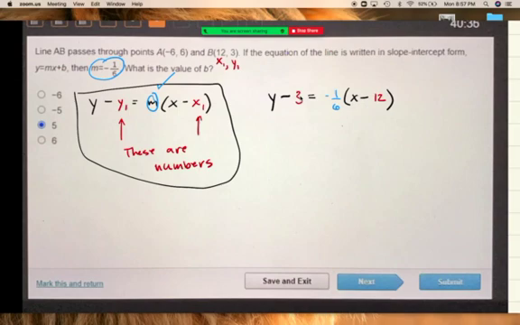All right, so we're here. What we did last time was we distributed whatever number was in front, and then we did the opposite to this number to move it over. So I'm going to work on the distributing part.